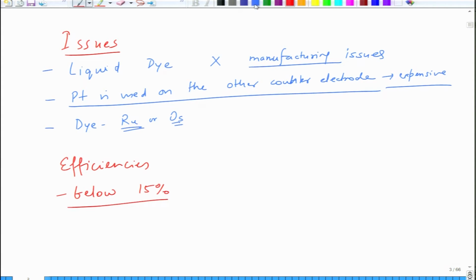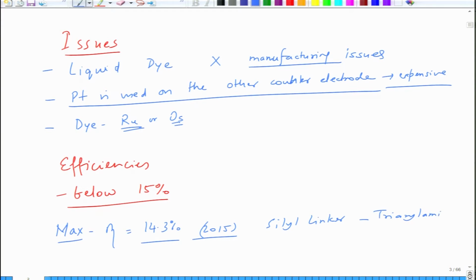The maximum efficiency that is reported is about 14.3% in 2015, and this uses a silyl linker with triarylamine, and it also uses a cobalt redox couple.